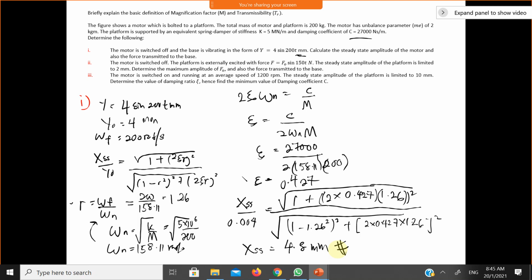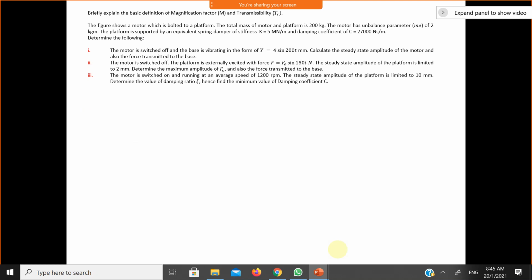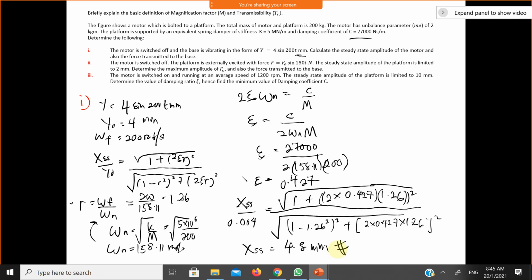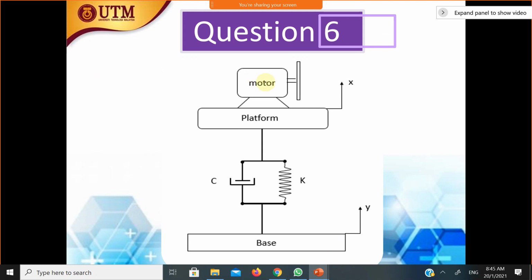Okay, how about number 2? The motor is switched off. The platform is externally excited with force F0 sin 150 Tn. So means that motor still switch off, but the platform is vibrating daripada atas lah.